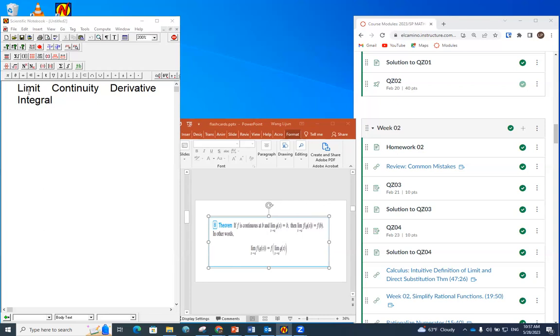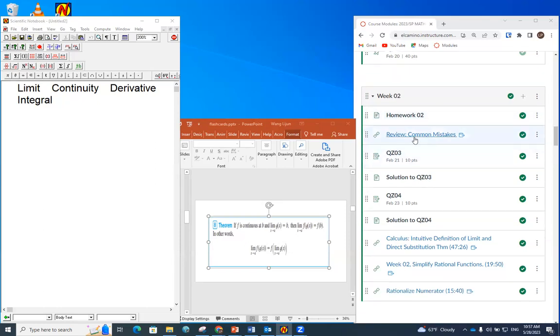So we have covered four important concepts. And of course, the first week we covered limits. And what kind of questions will be on your exam? They will all be from your homework.